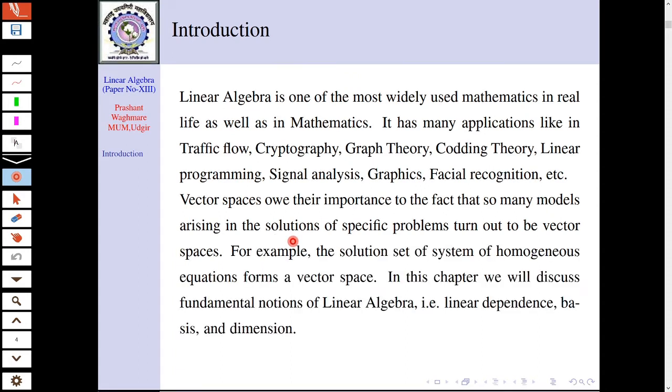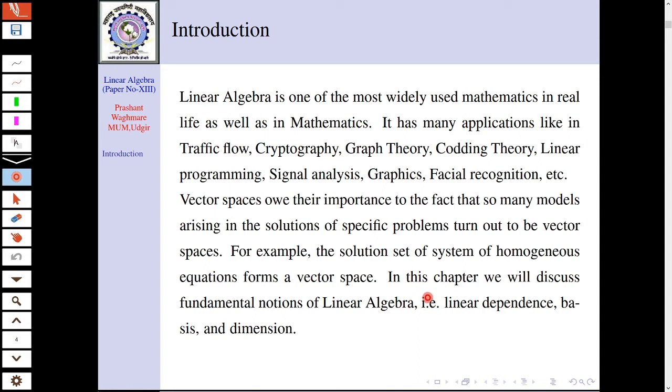For example, the solution set of a system of homogeneous equations forms a vector space. As well, one can observe that the solution set of a differential equation also forms a vector space.